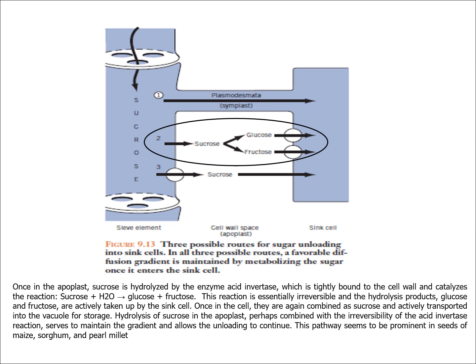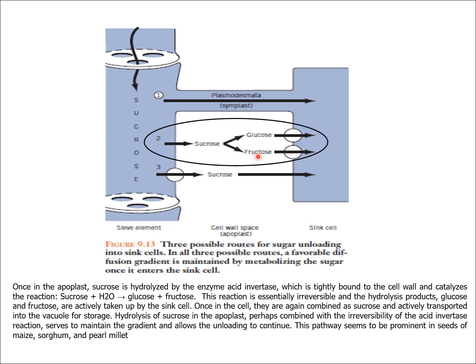In passive unloading, once in the apoplast, sucrose is hydrolyzed by the enzyme acid invertase, forming glucose and fructose.